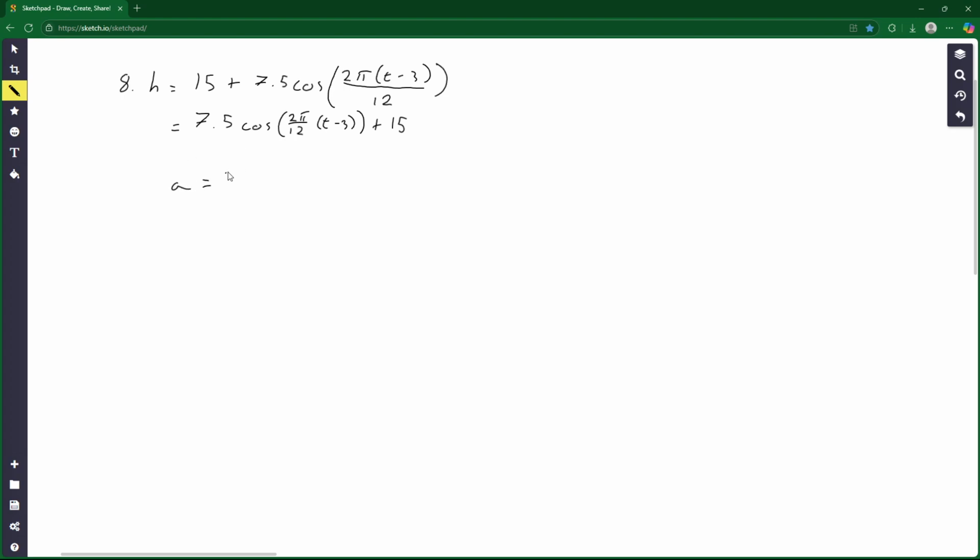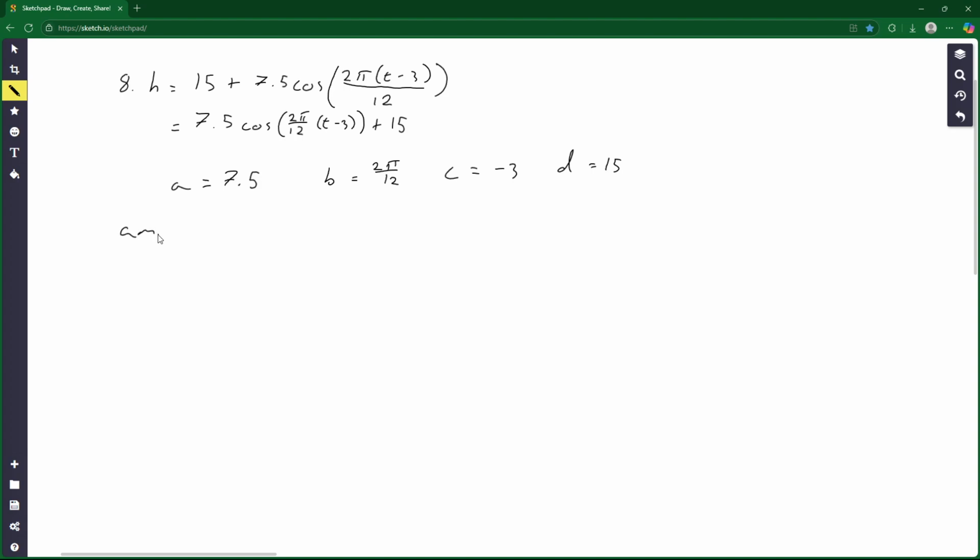A is equal to 7.5. B is equal to 2 pi over 12. C is equal to -3. And D is equal to 15.